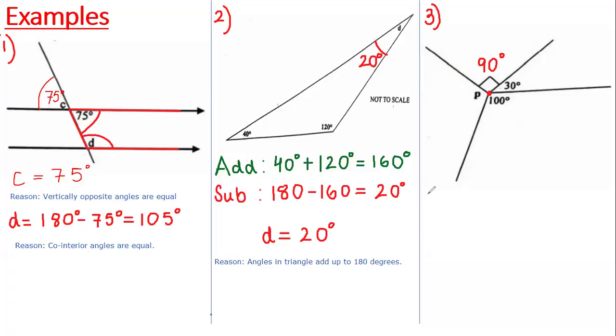So we add all of them up and then subtract it from 360. Let's go in order: 90 because of the box, and then 30 degrees, going in the clockwise direction, and then 100 degrees.